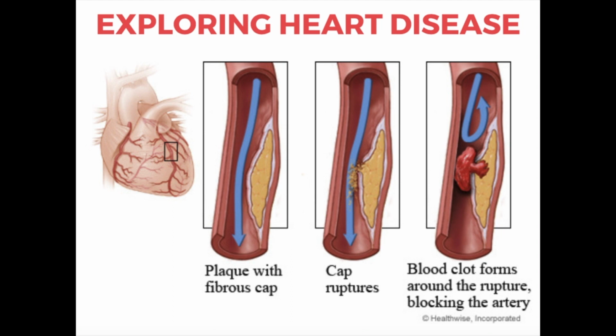One other reason why more demand can be put on the heart is not just at the level of the pump, which is the heart itself, because the heart pumps blood out to the body, but also at the level of the pipes. Any of the blood vessels that are leading to and from the heart can also be affected, just like what you see here in this particular picture.